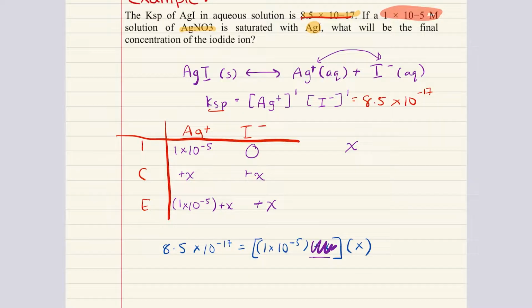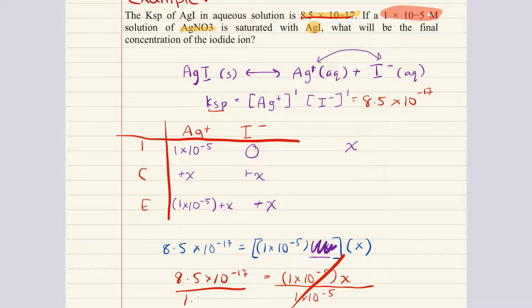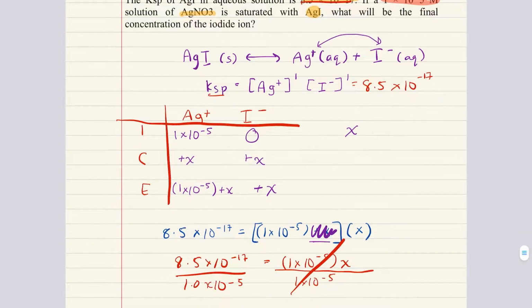Now, when we do that, we have 8.5 times 10 to the minus 17 is equal to 1 times 10 to the minus 5 multiplied by x. Now, what we can do is divide both sides by 1 times 10 to the minus 5. And when we do that, we can now solve for x. This is a really easy calculation.